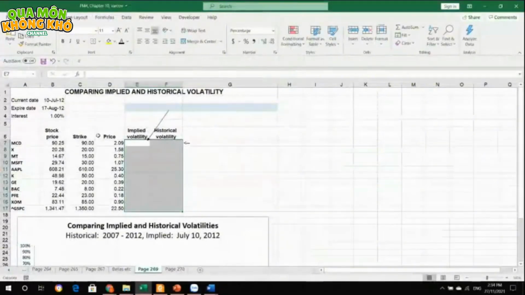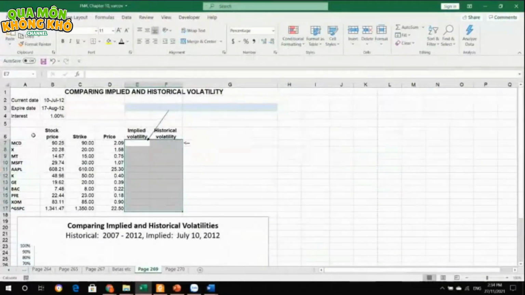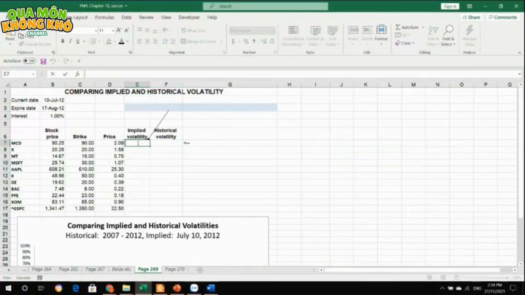So in the sheet here, we have information in the option market, which are stock price and price of the option. We calculate the implied volatility by using the function called volatility.